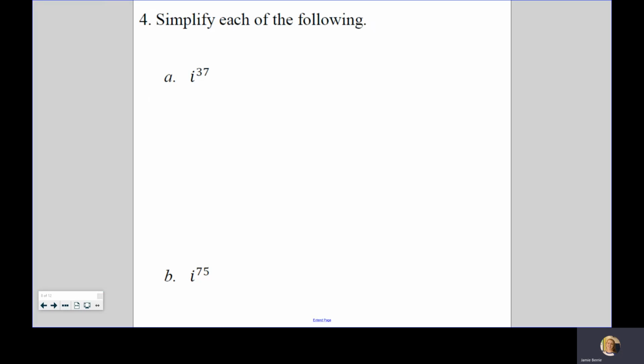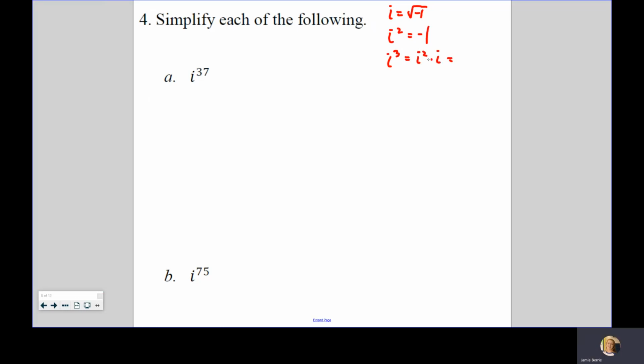So powers of i, they follow a nice little pattern, and I'll try to write out the pattern up here for you. So i, we know, is equal to the square root of -1. That's just the definition of i. But we know that i squared is equal to -1. i to the third power, that's going to be the same thing as i squared times i.